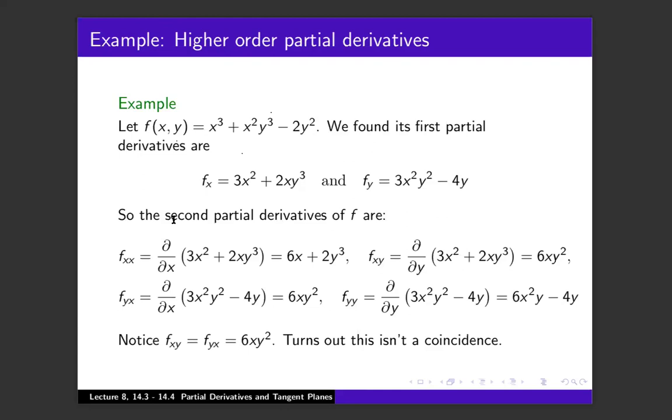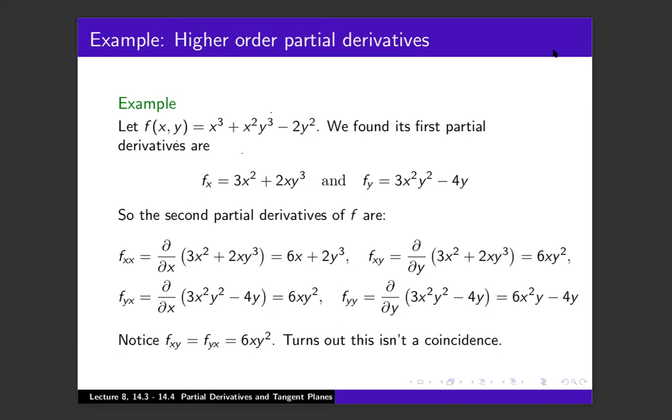fxy: you differentiate fx with respect to y, and you're going to get 6xy squared. Sorry, I stated that wrong. I've got a window in front of there. And also, if you differentiate fy with respect to x, you're also going to get 6xy squared.